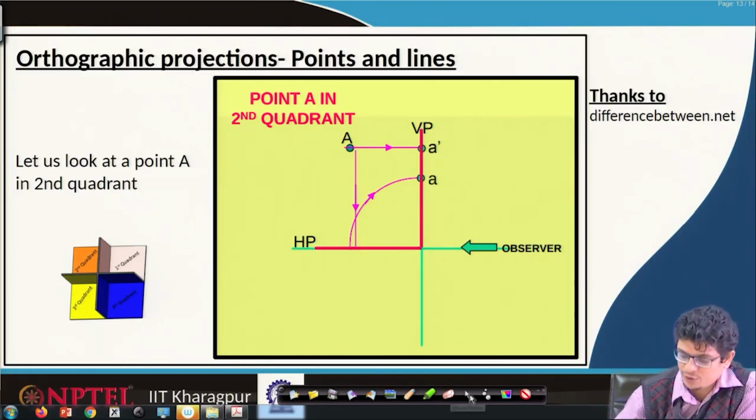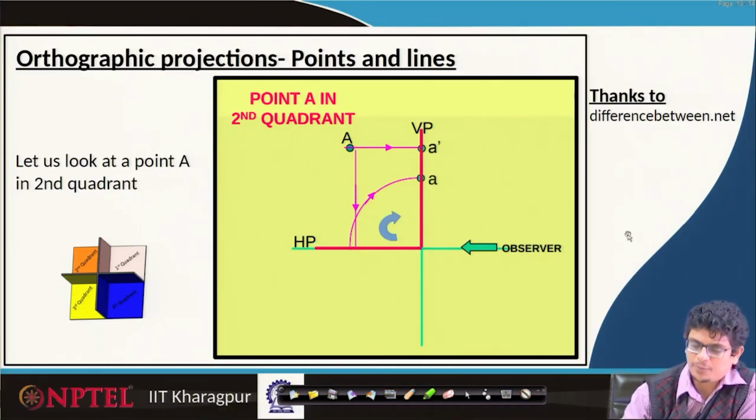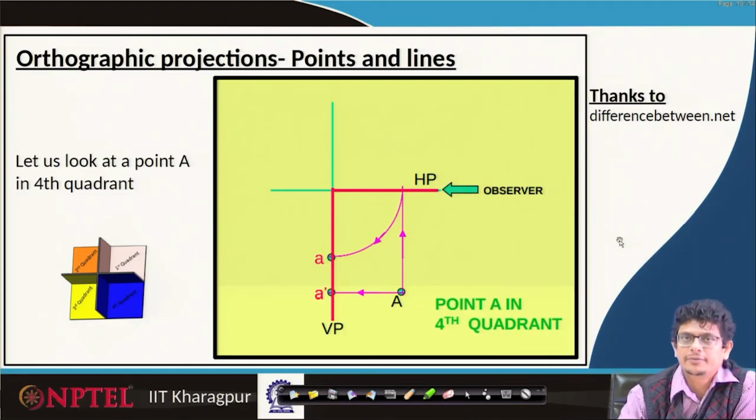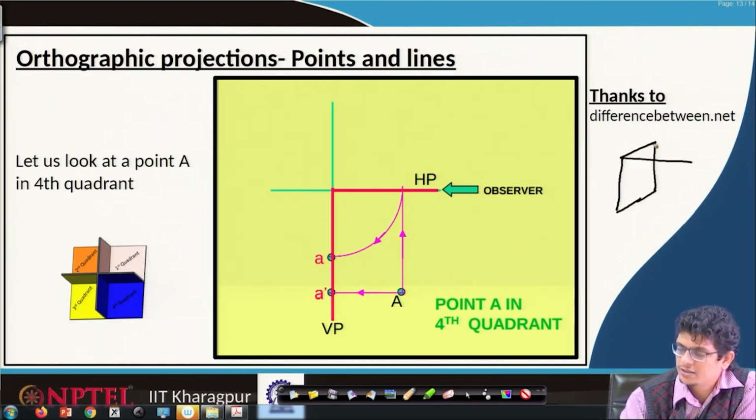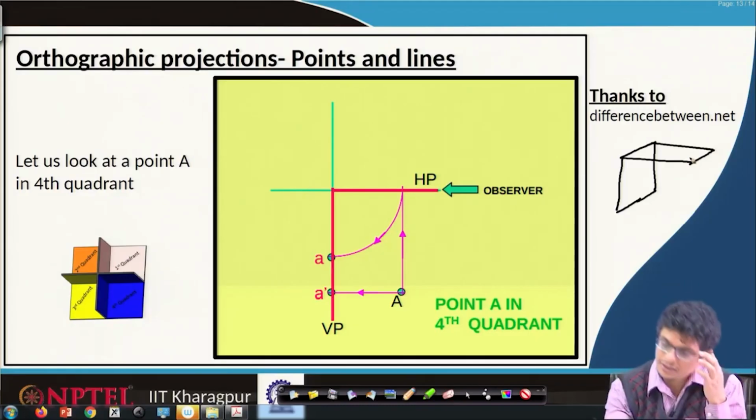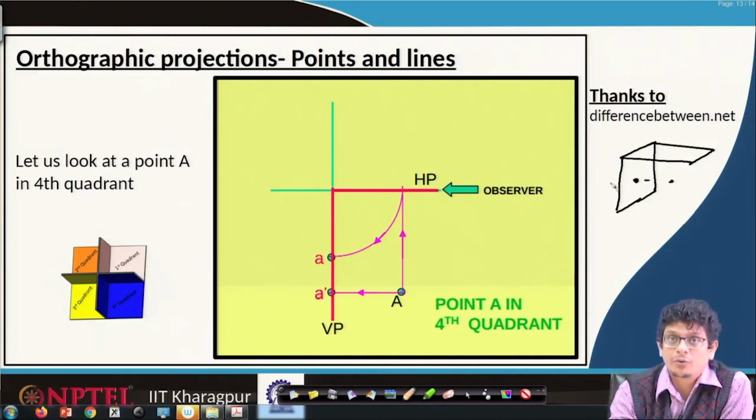Let us apply the same rule for a point in the fourth quadrant. This is one plane, this is the one, the point projected onto the vertical plane remains the same. Onto the horizontal plane we are projecting, rotate this horizontal plane by 90 degrees clockwise.